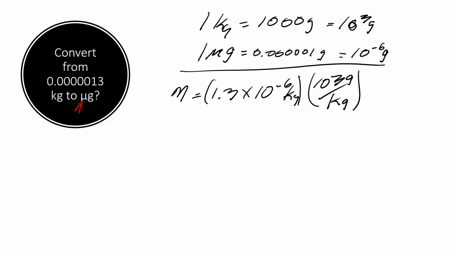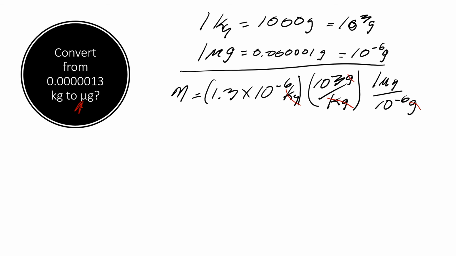And for the other one, we're aiming for micrograms, so we want to have the micrograms in the numerator, not in the denominator. So I'm going to say 1 microgram over 10 to the negative 6 grams. Now let's look if they cancel out correctly. Kilograms, kilograms, grams, grams. We're going to end up with just micrograms, okay?